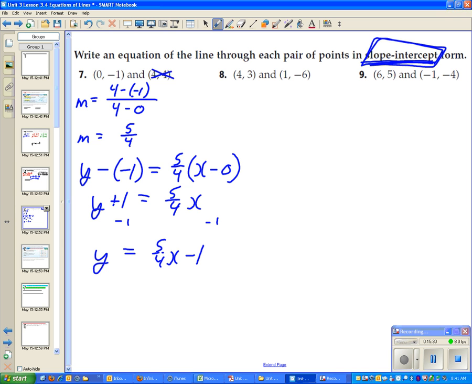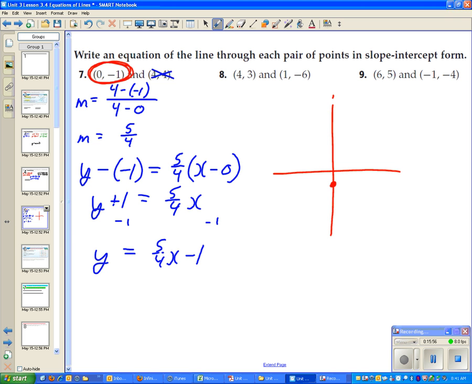All right, now, what some of you may have noticed is that this point right here told me the y-intercept, because if I've got the point 0, -1 on the line, doesn't that have to be where the line crosses the y-axis, considering that that point is on the y-axis?